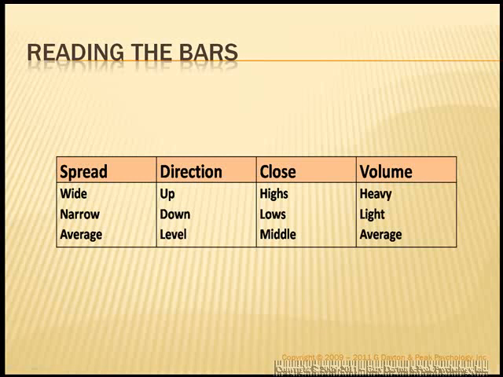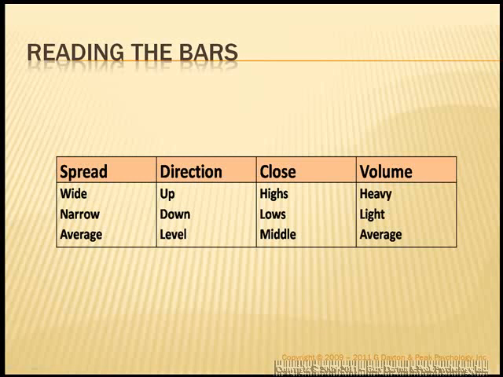We can look at the spread or the range of the bar. We can look at the direction of price movement on that bar. We look at the close in relationship to where the bar is closing in relationship to itself. And then we look at the volume. Let me explain that a little bit more.